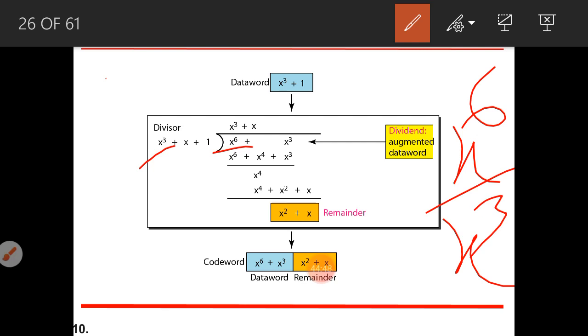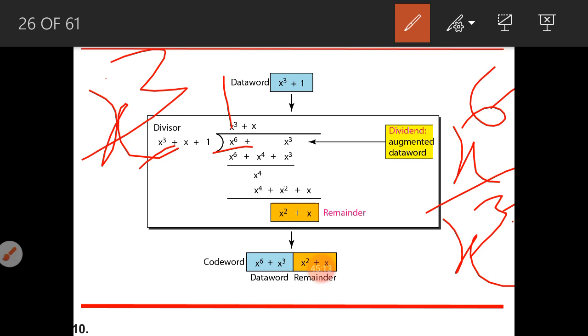In the division operation we need to subtract the powers of the terms, means x raised to 6 minus 3, and the result is x raised to 3. We need to subtract the power here, 6 minus 3, and that result we use as a quotient.